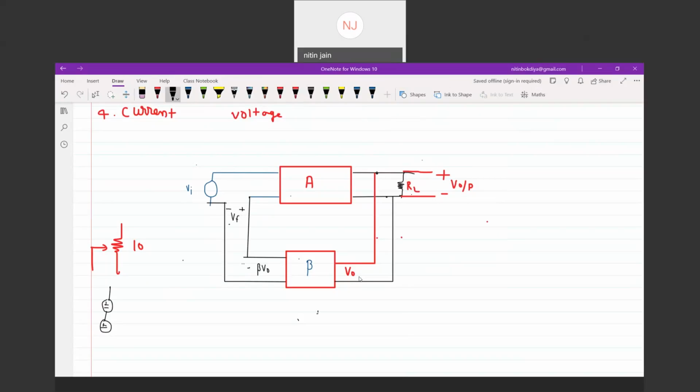This type of topology is where we are mixing the voltage.